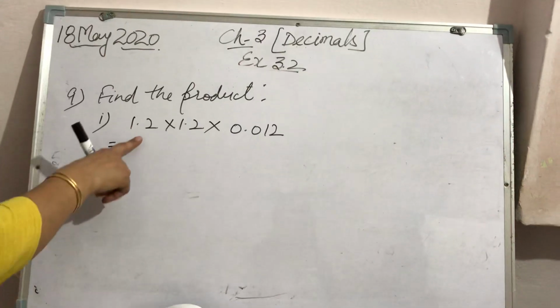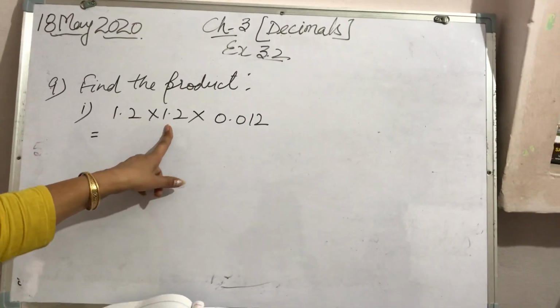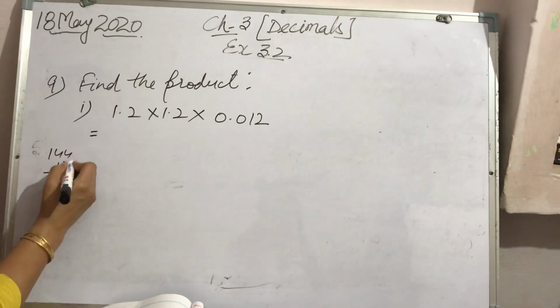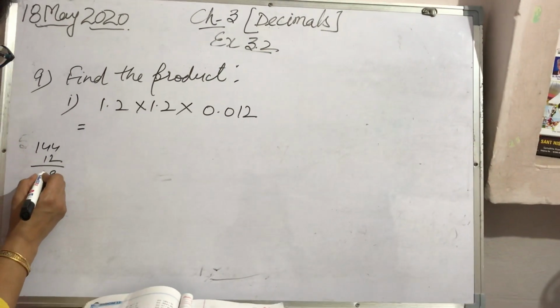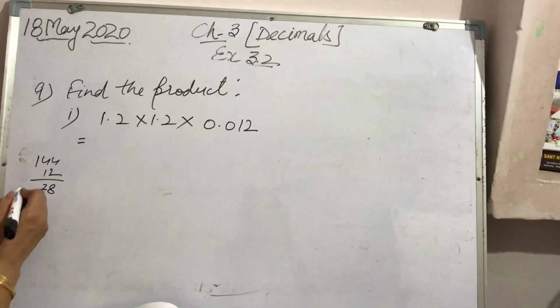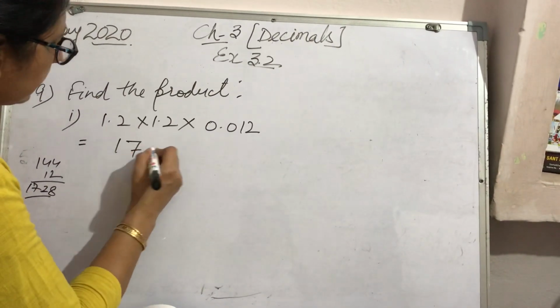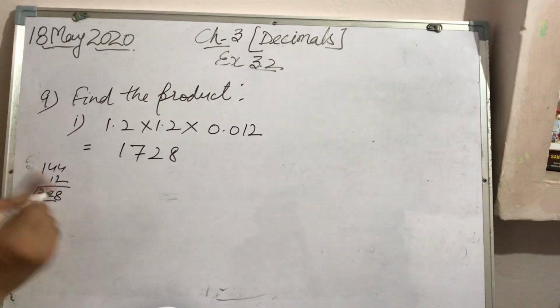So simple multiplication first we'll do. 12 times 12 is 144, and 144 times 12 is 1728. Now we have to count decimal places.